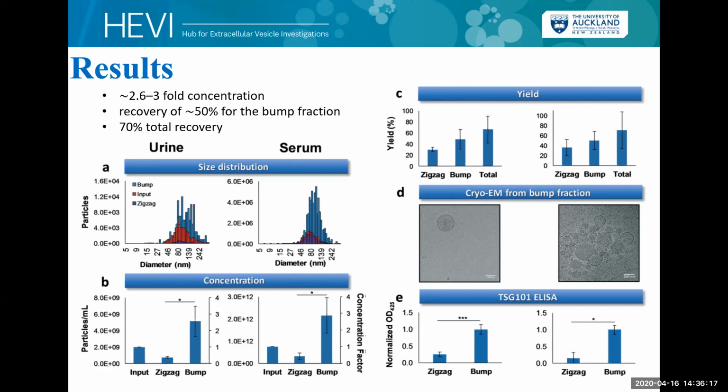But I imagine there's stuff getting stuck. I mean, EVs like to stick to things, right? So I'm sure over time the pillars collect some of the EVs that don't pass through, but certainly not a majority of them, and it's probably a pretty insignificant amount. I think a lot of the loss is usually in the tubing and the connectors and stuff.